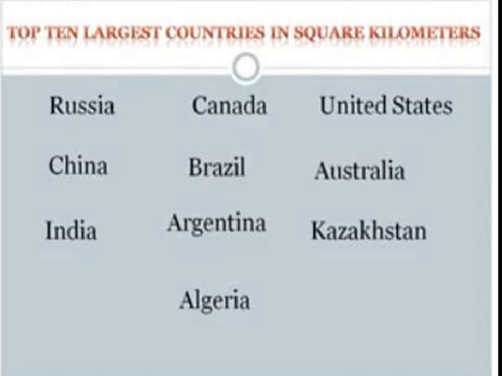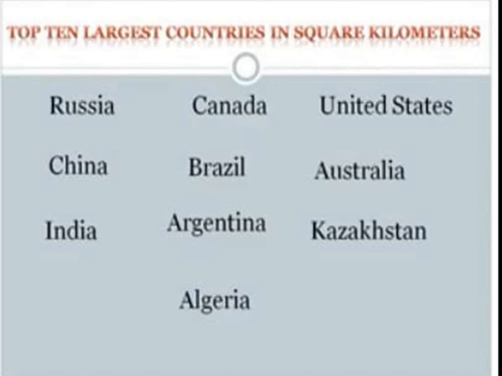Continents. The large land masses are called continents. Okay children, there are 7 continents in the world. They are Asia, Africa, North America, South America, Antarctica, Europe and Australia.